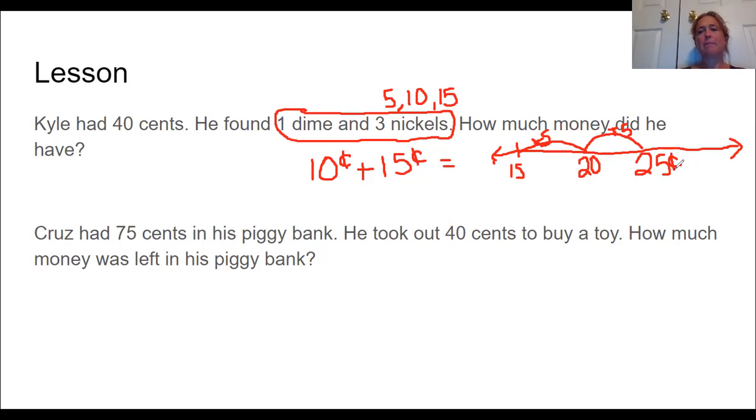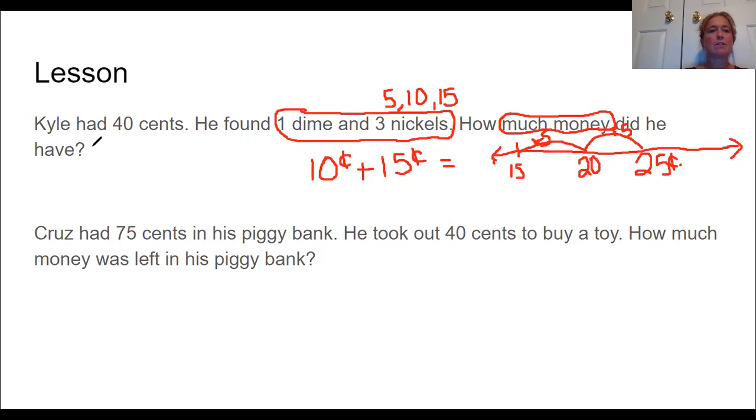Now, if he found 25 cents and he had 40 cents, we want to know how much money he had after he found that 25 cents.